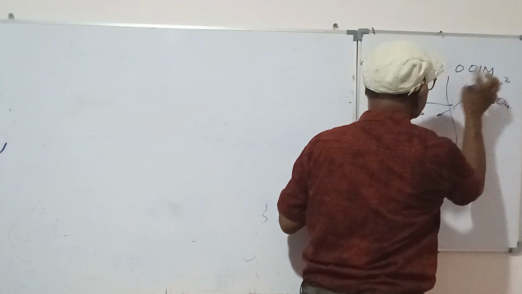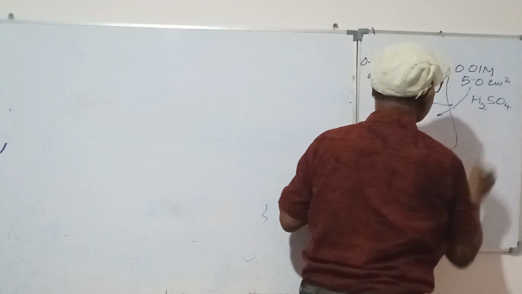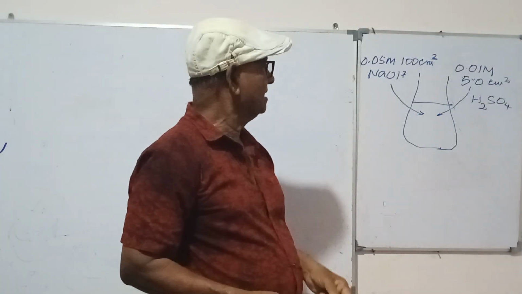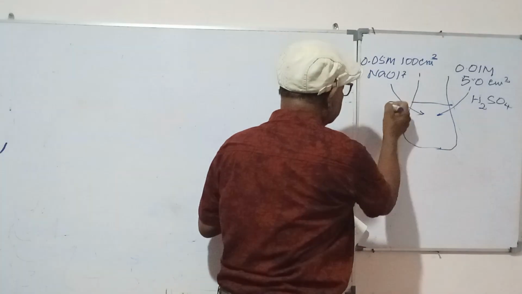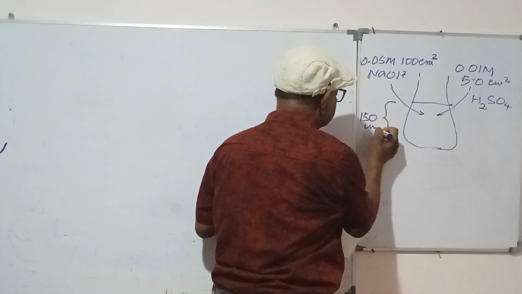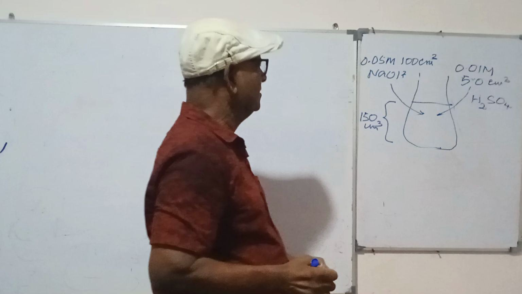Sorry, it is 50 cubic centimeters of sulfuric acid. So the total volume is 150 cubic centimeters.